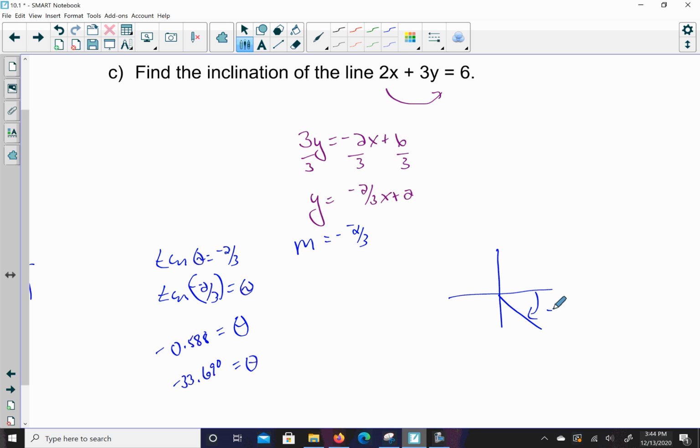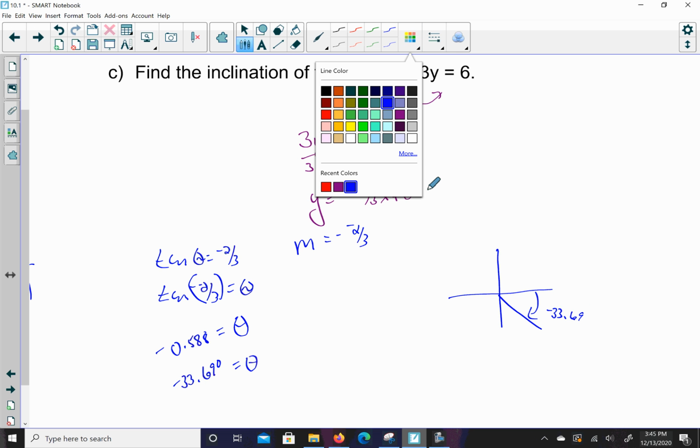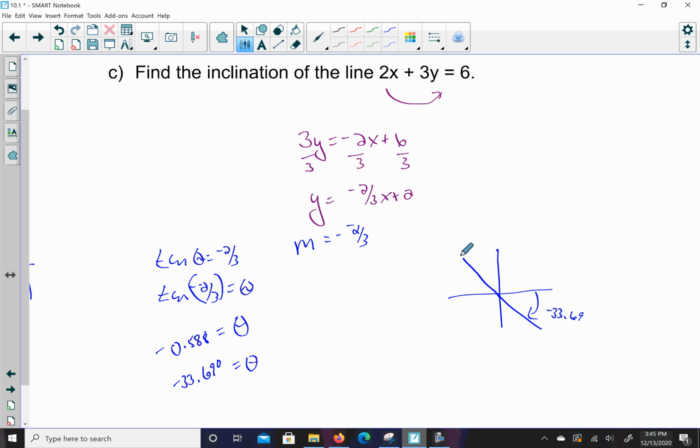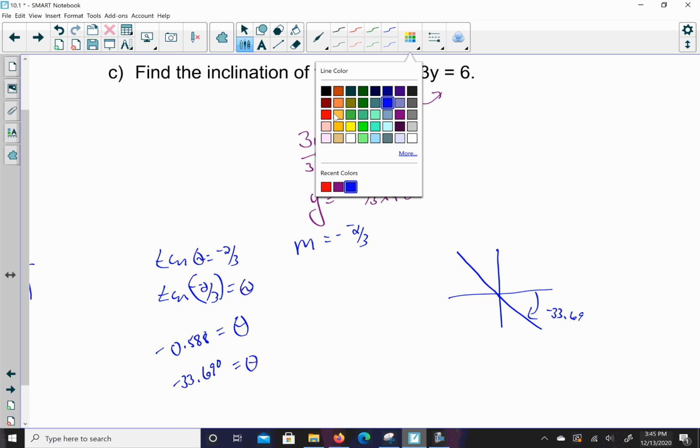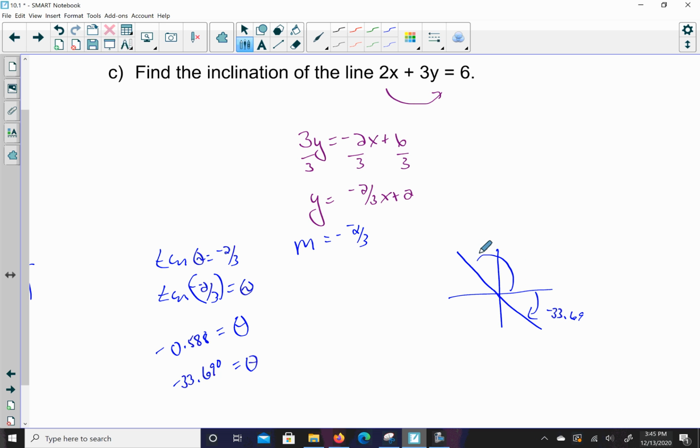So that's the negative 33.69. But in order for me to do the inclination of the line, I have to imagine that this line continues on. And it does. It goes like that. So what I'm actually looking for is the angle that goes from here to here. So I want the obtuse angle.